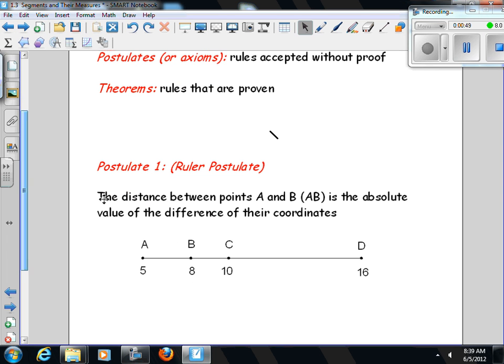So for instance, if we want to know the length of AB, and we just write AB if we want to know its length, it's the absolute value of the distance between the coordinates. A is at 5, B is at 8. So we take the absolute value of 5 minus 8, which is the absolute value of negative 3. So the length of AB is 3.